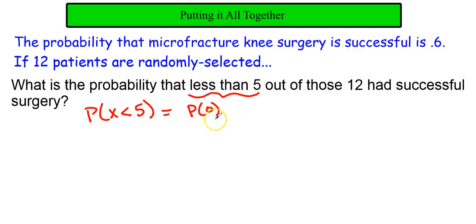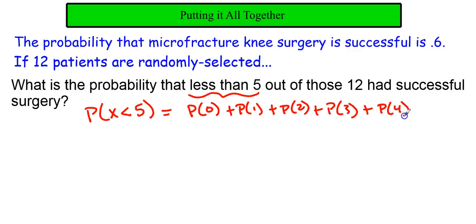The first one is the probability of 0, because that falls in that interval less than 5. We also want to include the probability of 1 success, and 2 successes, and 3 successes, and 4 successes, not all the way up to 5. We want just under 5, and because this is discrete, you can't have half a success, so we're going to stop at 4.